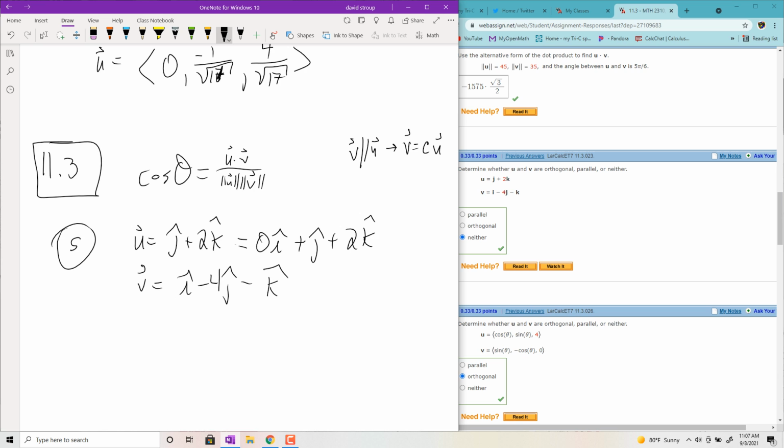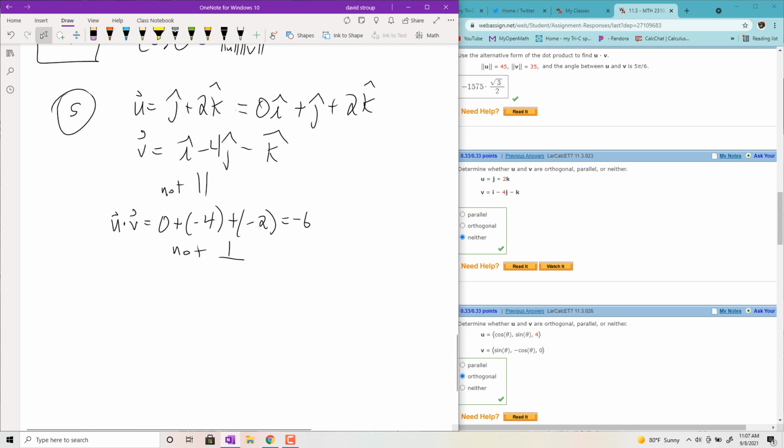In this case, it's clearly not true, so it's not parallel. Are they orthogonal? You can take a look at the dot product. So 0 times 1 is 0, plus 1 times negative 4 is negative 4, plus negative 1 times 2 is negative 2, so that's negative 6, so it's not orthogonal.